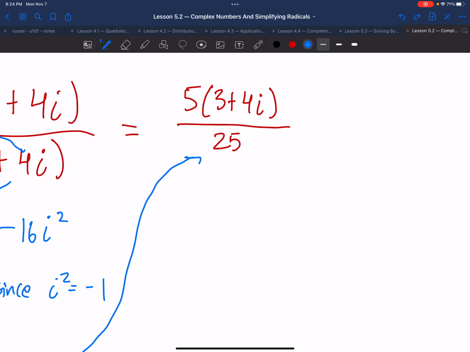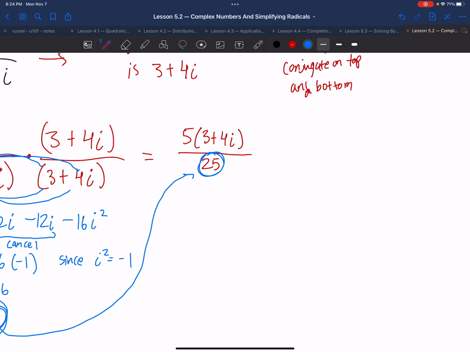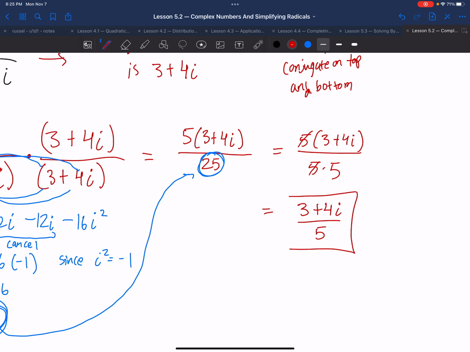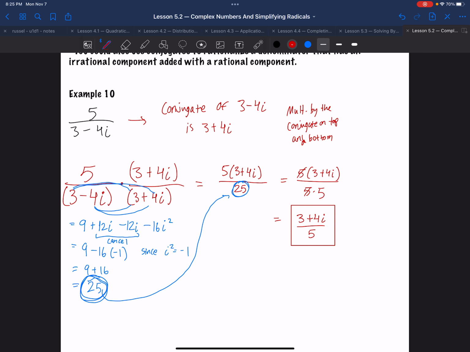Can I make this nice? But, of course, this is just 5 times 3 plus 4i over 5 times 5. So those cross out, and I am left with 3 plus 4i over 5. And ta-da! I have, in essence, rationalized the denominator.